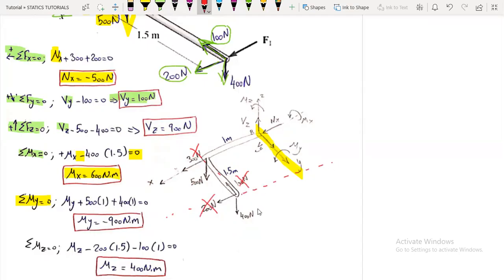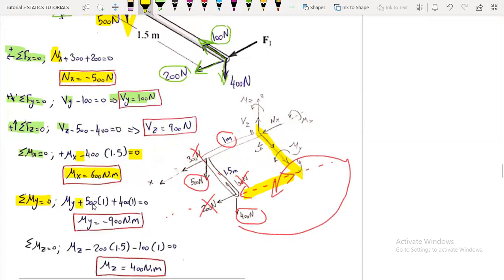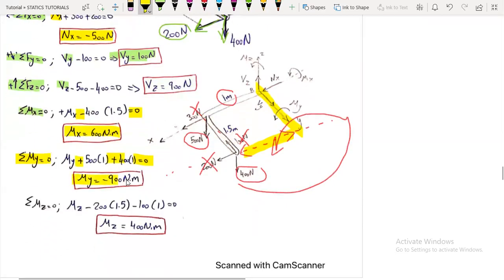So we just have the 400 newtons and the 500 newtons multiplied by the distance: 500 newtons multiplied by 1 meter and 400 newtons multiplied by also 1 meter. And the direction will be positive. Using the right hand rule, here is our distance, which is 1 meter, and the forces are rotating in the positive y-axis direction. So positive, equals 0, and we will get My to be minus 100. So My should be in the other direction than we assumed.